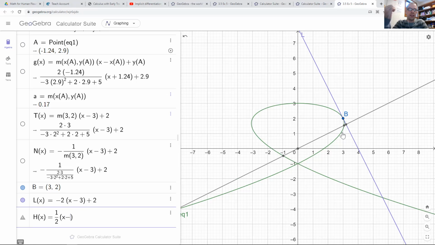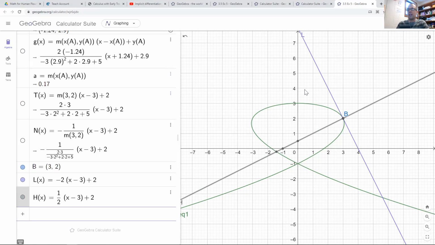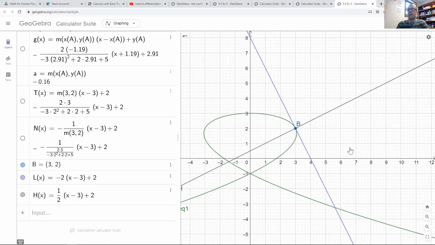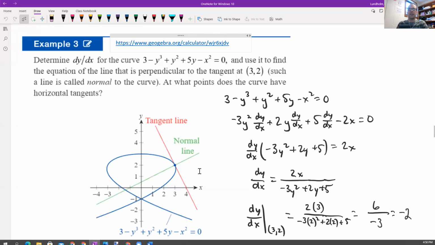We're still centered at the same anchor point. So still using an x value of 3 and a y value of 2 gets us that normal line. So solid. If we go back and look at the problem, there we go.